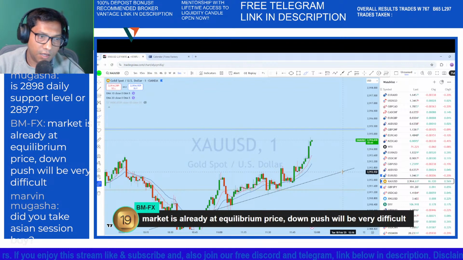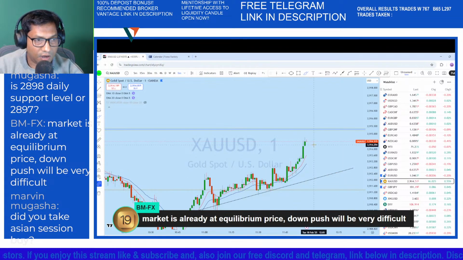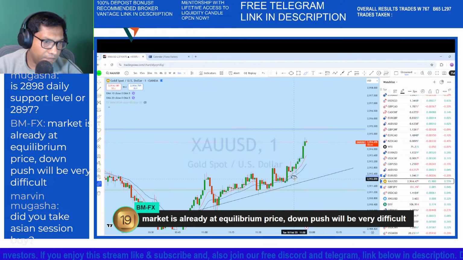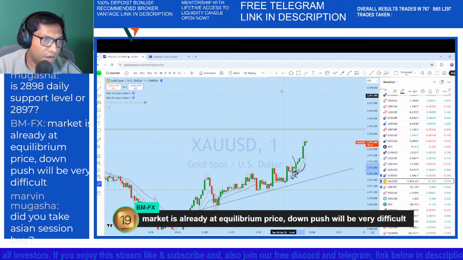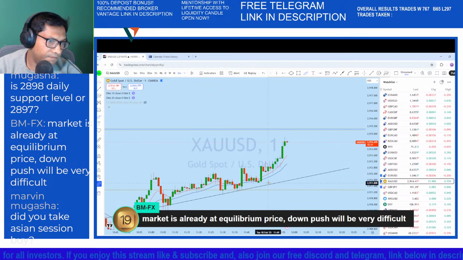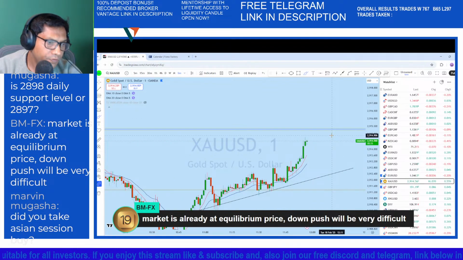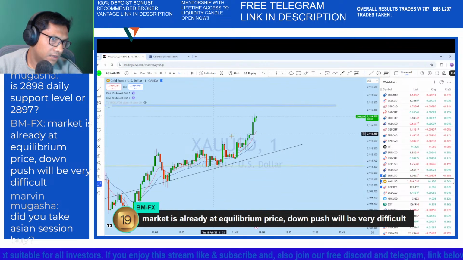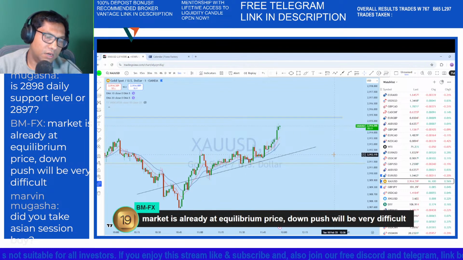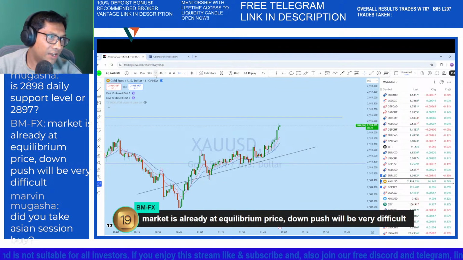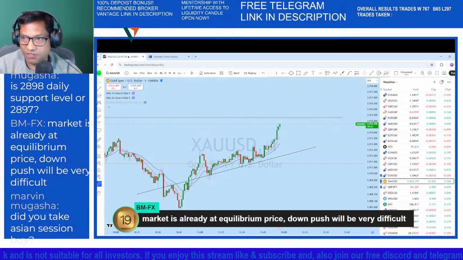Okay, here you can see that after multiple liquidity grabs and a bounce, the market has already made a significant move. So we will be waiting for a stronger liquidity grab, and then we'll be entering into the trade.